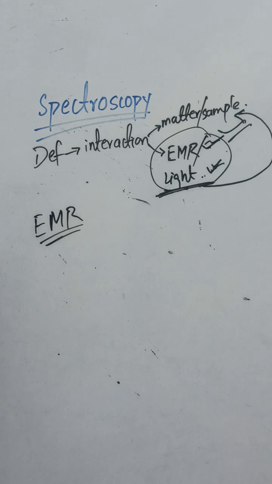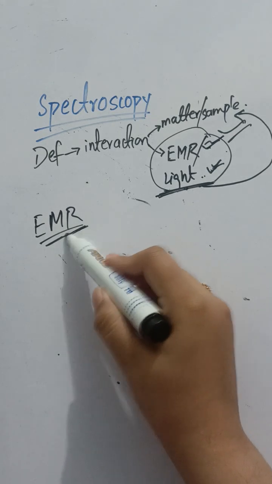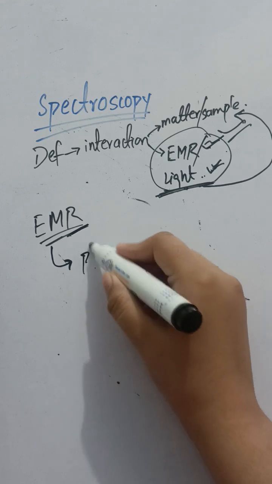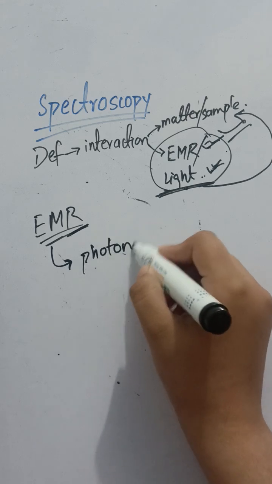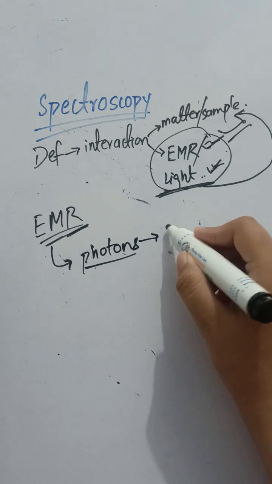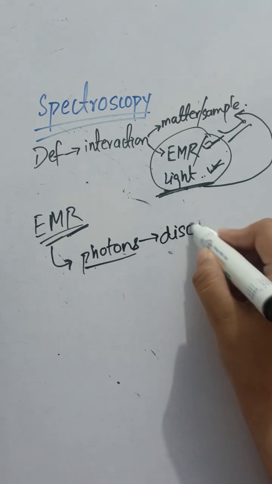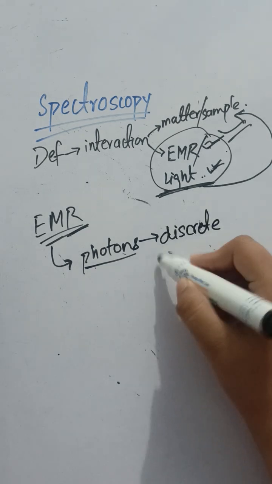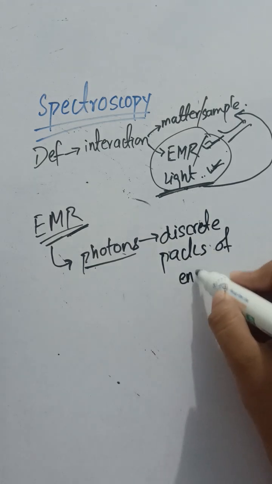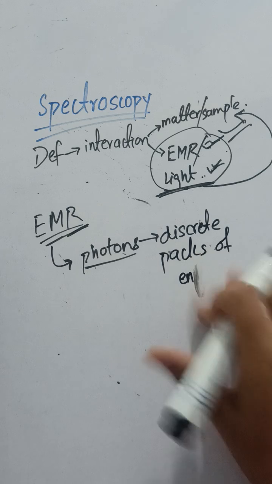Now, these radiations contain different photons. You have to know about the photons. They are packets of energy, discrete packets of energy.